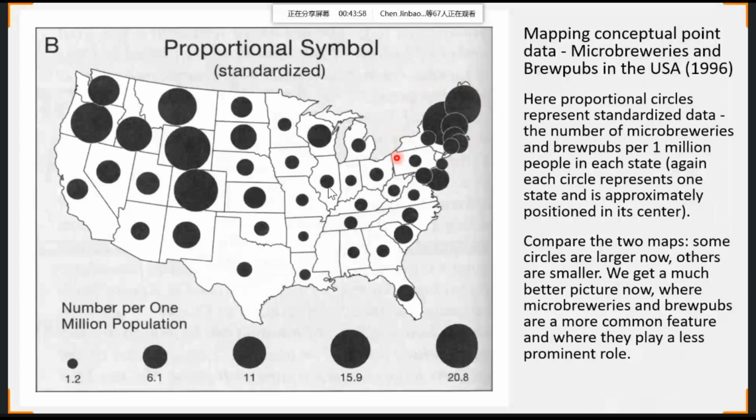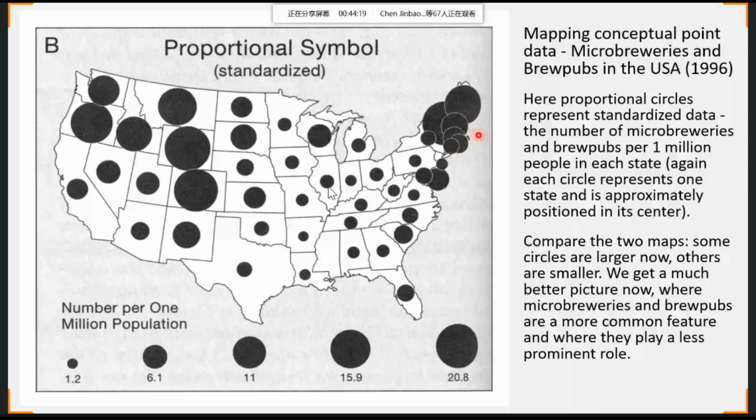So if many of these symbols overlap, then it's more and more difficult to see the single symbols. And what's the larger problem is, if you're not really familiar with this area, like me, you get into troubles to know which circles represent which of the states.